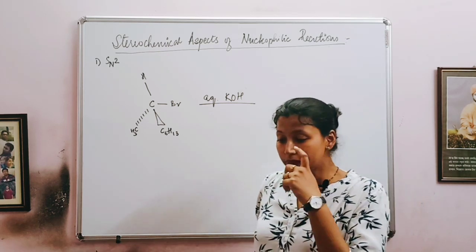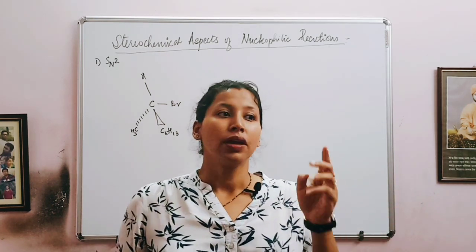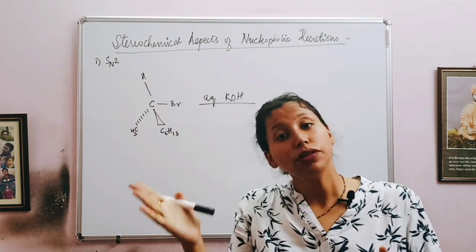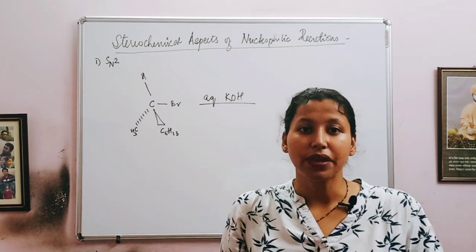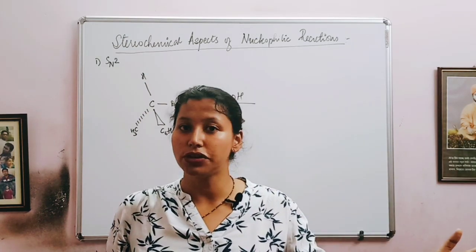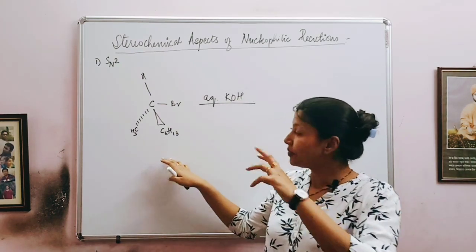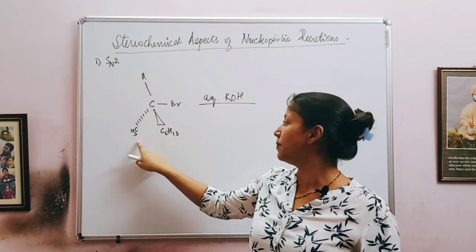We have seen that if a molecule rotates the plane of polarized light to the right, it is called dextrorotatory, given by the symbol plus, and if it is to the left, it is levorotatory, given by the symbol minus. I have taken an example of a molecule: 1, 2, 3, 4, 5, 6, 7, 8.